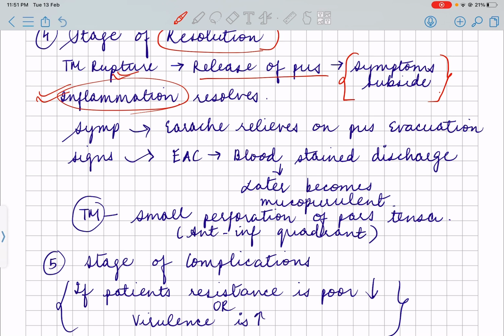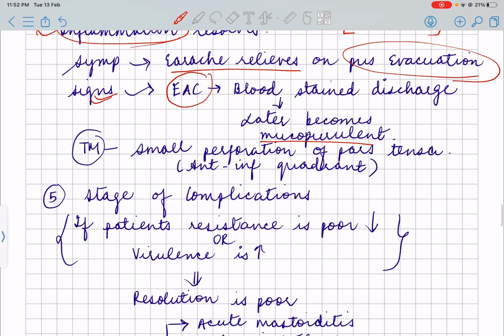The symptoms include earache relief on pus evacuation. The signs which are significant include the blood-stained discharge in the external auditory canal, which later becomes mucopurulent. The tympanic membrane will have a significant small perforation of pars tensa in the antero-inferior quadrant.